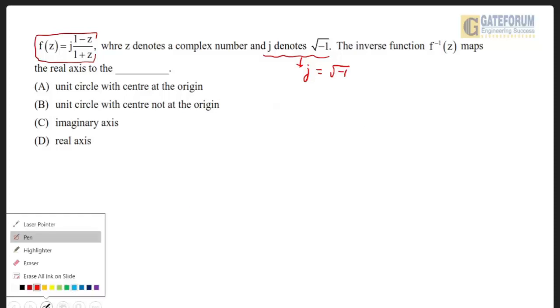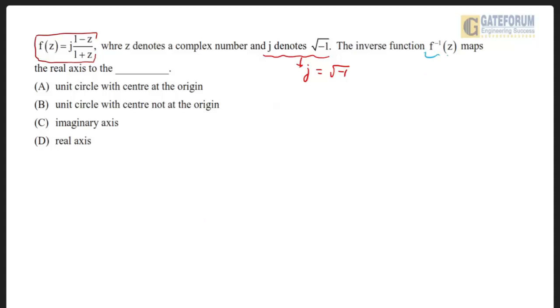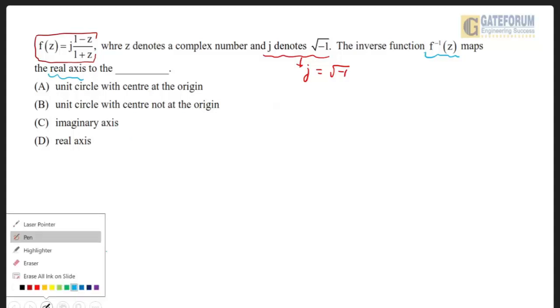Now finally f inverse z maps the real axis. So you know that a mapping is a function from domain to codomain. Domain is the real axis, codomain means one of the statements, that is the range also. A function is from domain to codomain.